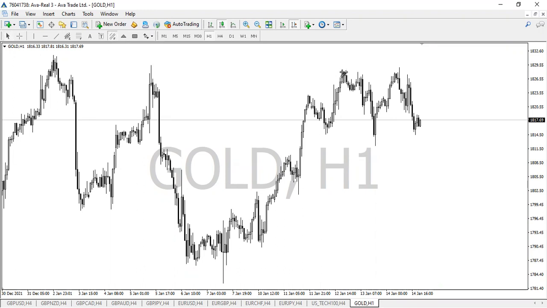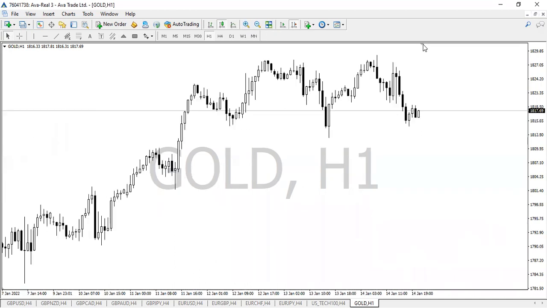So when I draw, the question is, how do you draw the channel? When you draw a channel, you look for two obvious points. Connect the two obvious points, and then you wait for the trend to get to the third point.